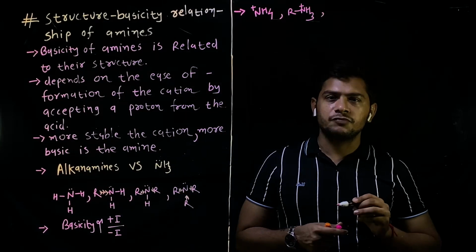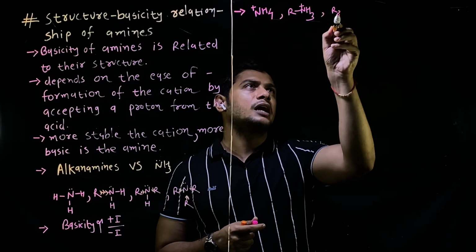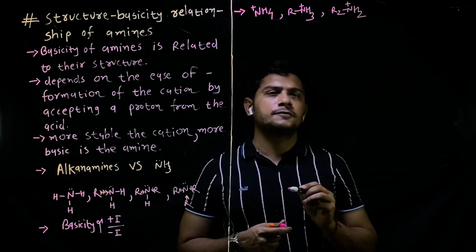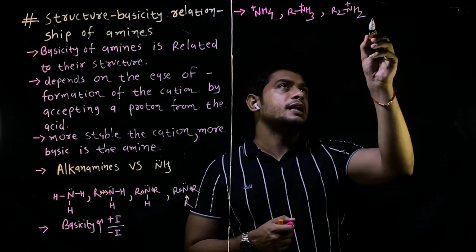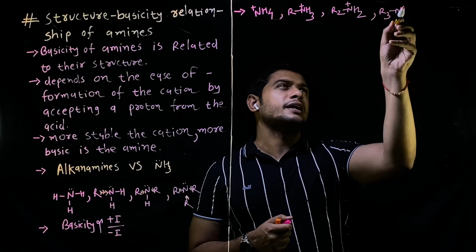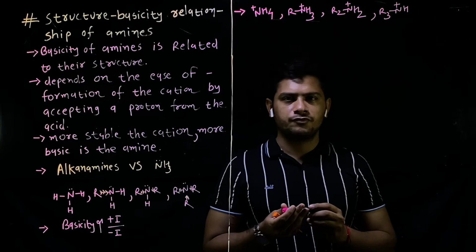Now friends, if we add one H to secondary amine, we'll get R2NH2 plus. And friends, if we add one H to tertiary amine, we'll get R3NH plus.